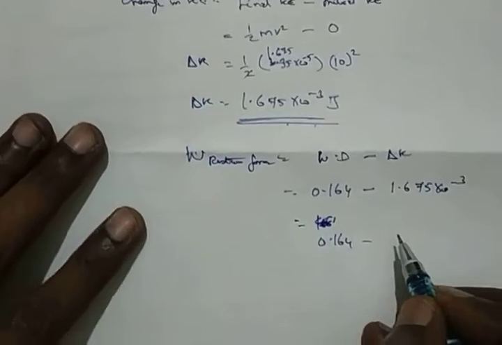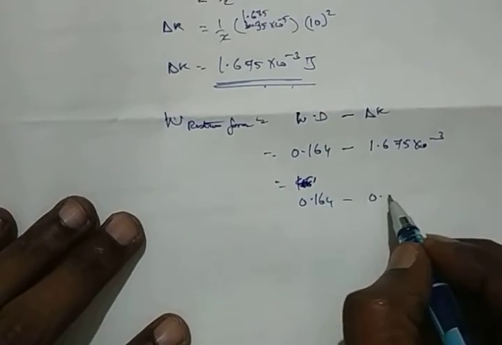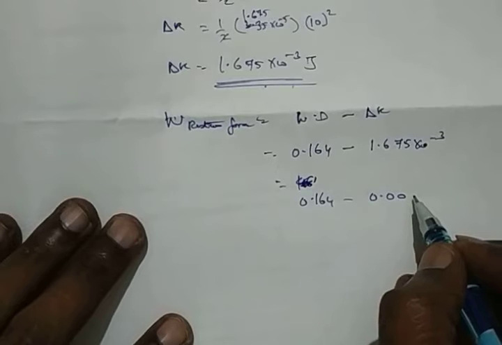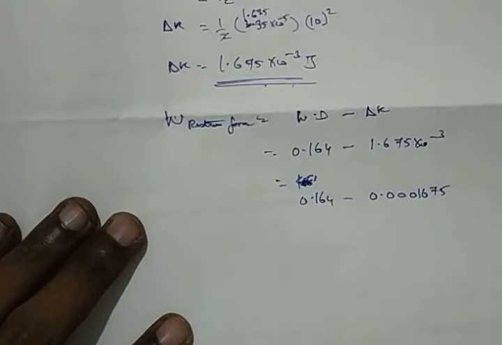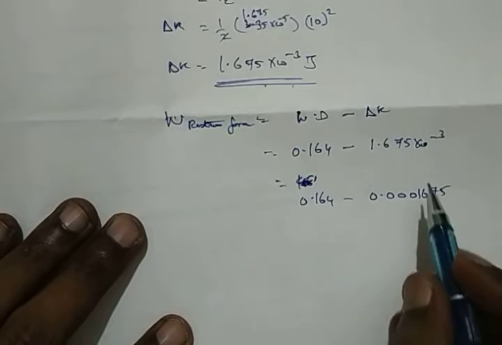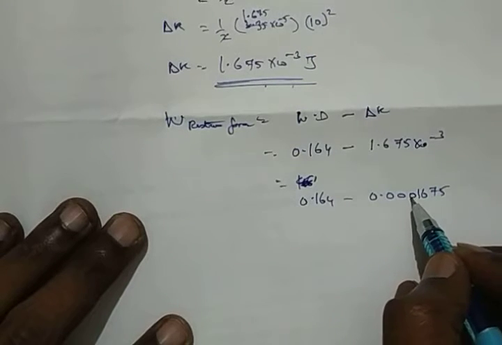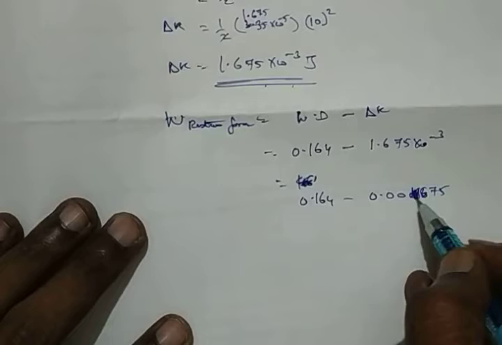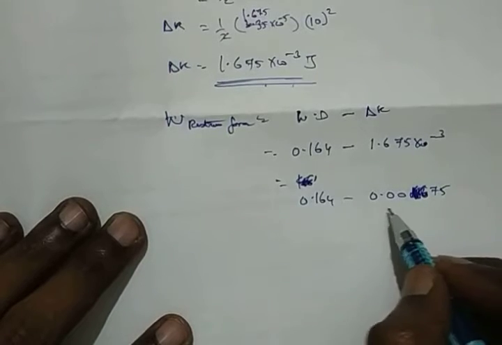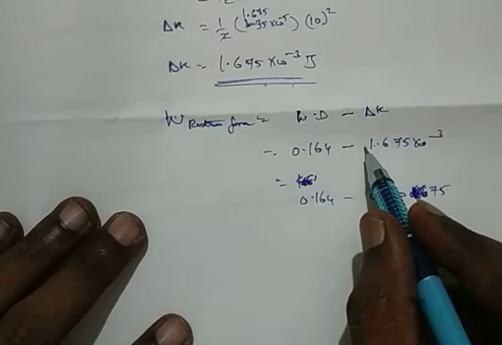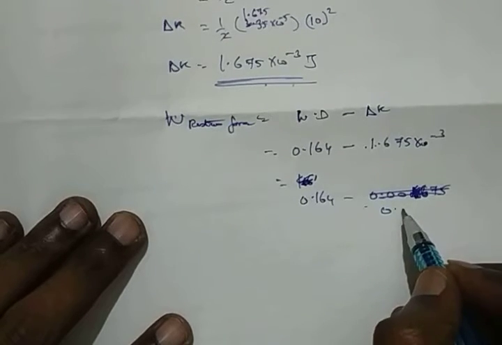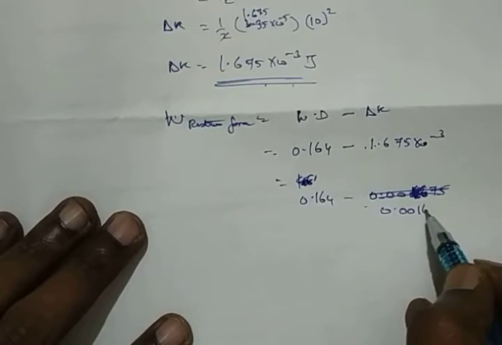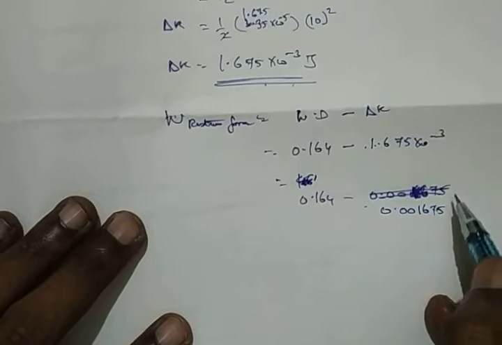This will become 0.001675, because you're pulling this one and then two other zeros. I'll repeat, 0.001675 will be the value.